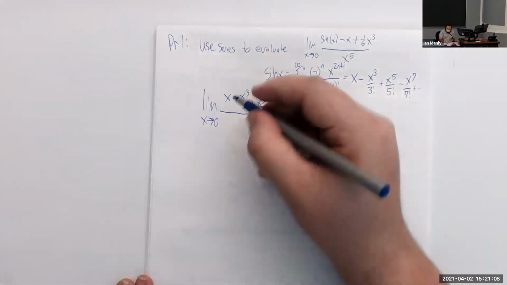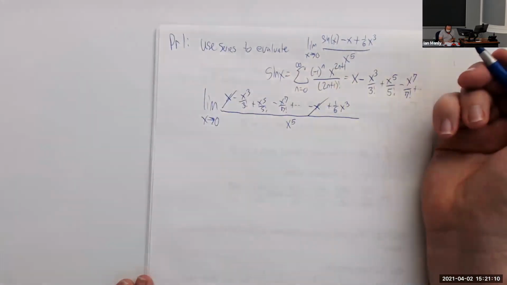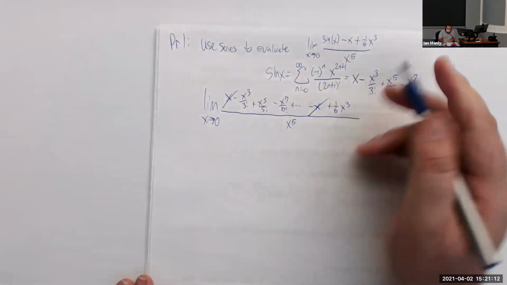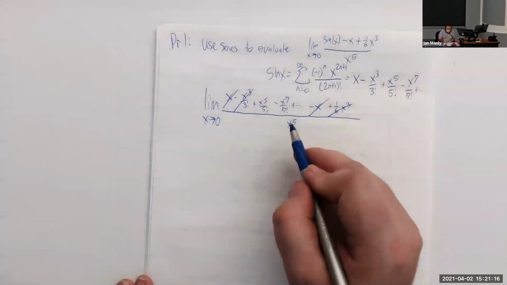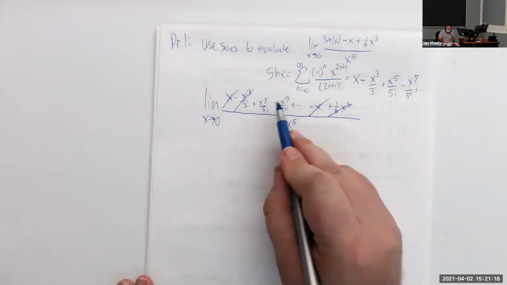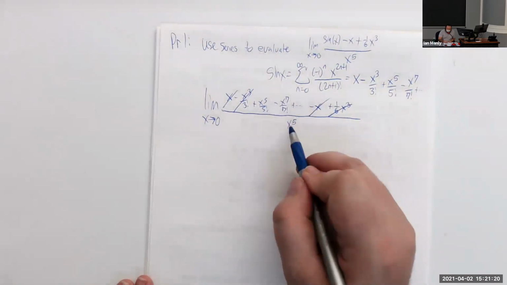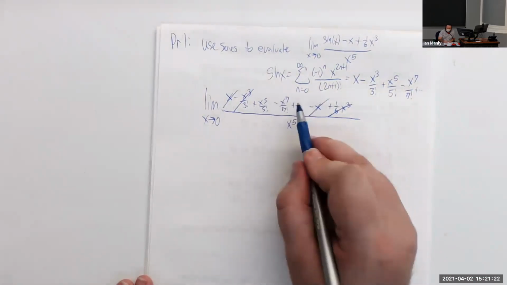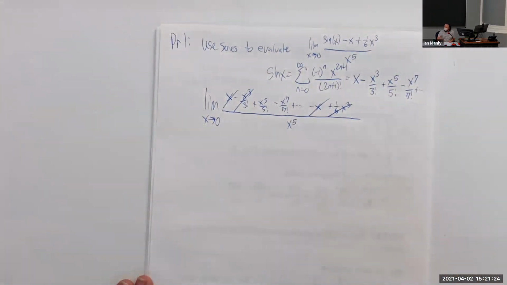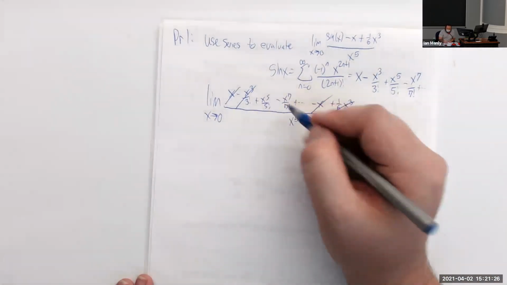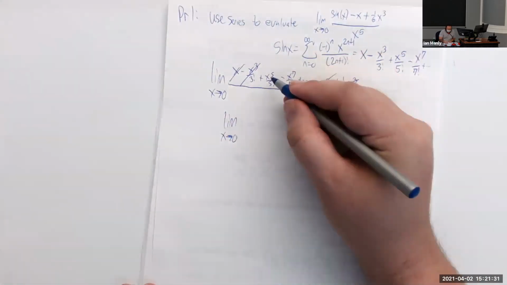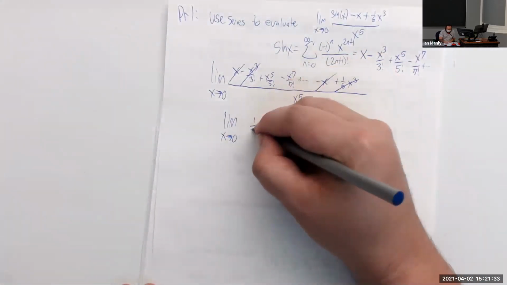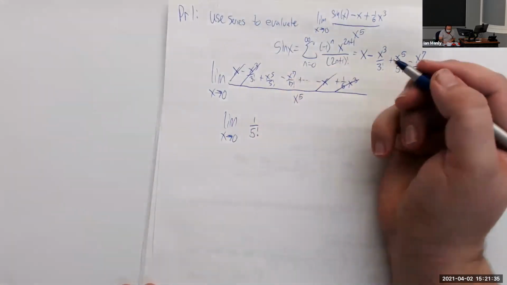We have an x minus x. Those will cancel. 3 factorial is the same as 6, so those will cancel. And then everything left over has at least an x to the 5th in it, right? So I have x to the 5th, x to the 5th, x to the 7th. The next one would be x to the 9th, and so on. So we could divide by x to the 5th here. x to the 5th over x to the 5th will leave us with 1 over 5 factorial.